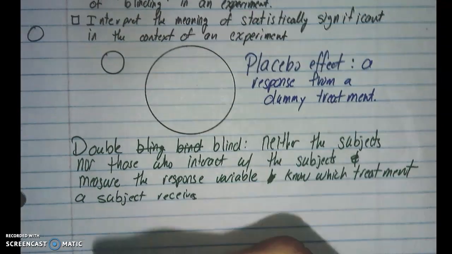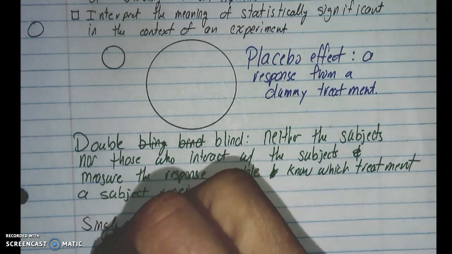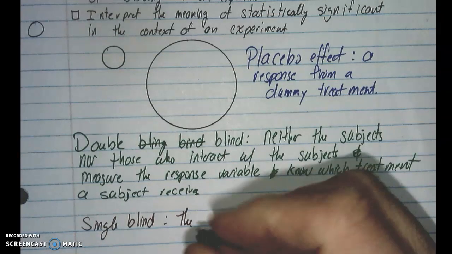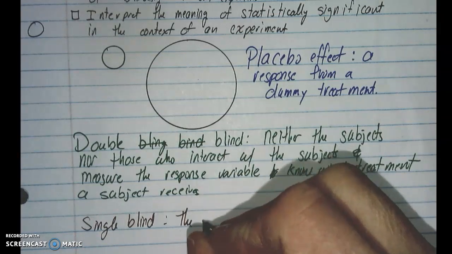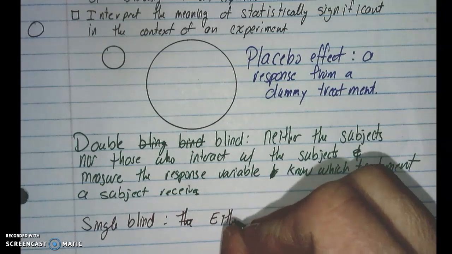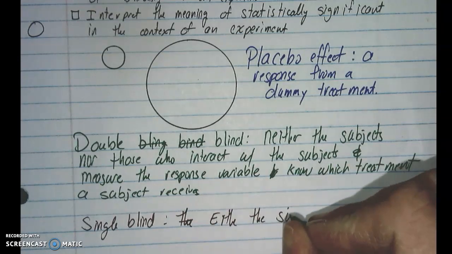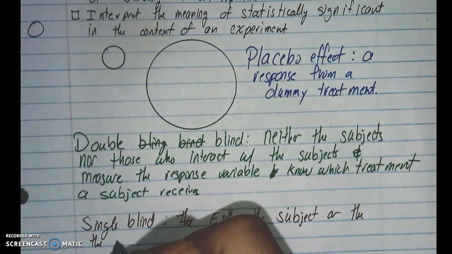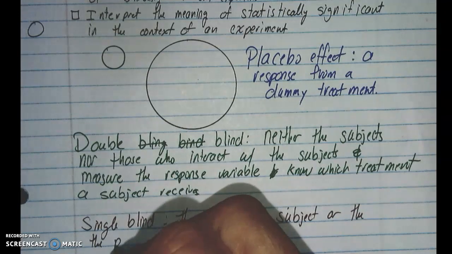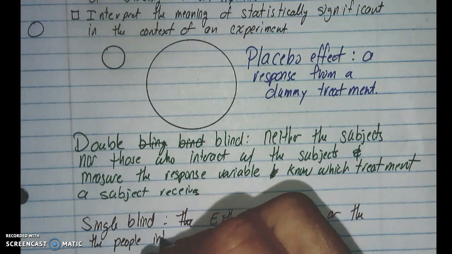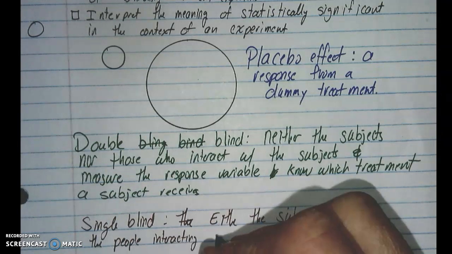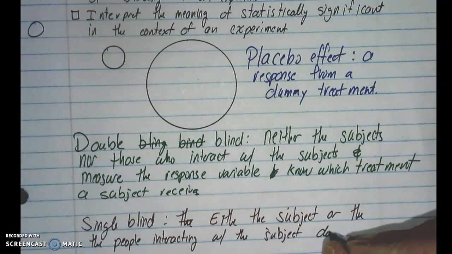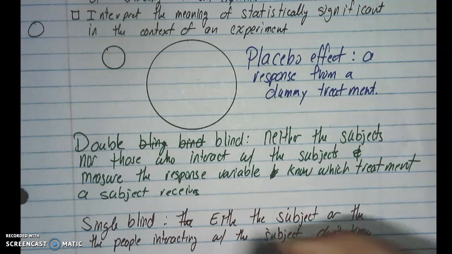And the single blind is when either the subject or the people interacting with the subject don't know which treatment they're getting.